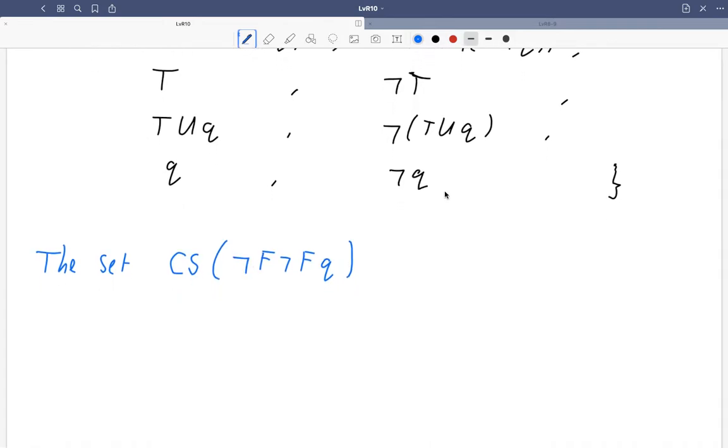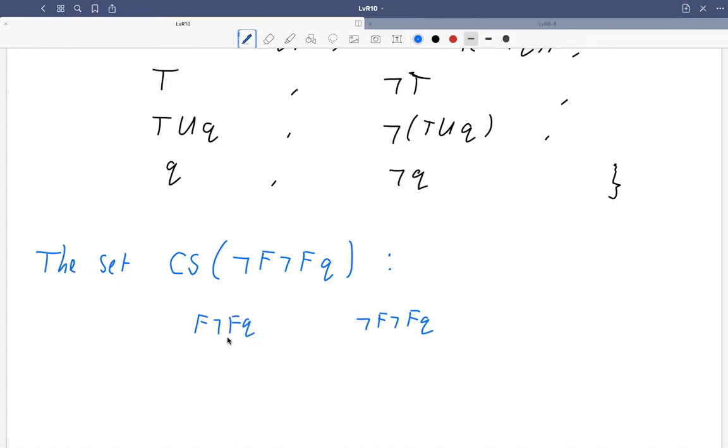So again, for every formula we put it and its negation. So we would have the formula not F not FQ, and its negation, which is F not FQ.